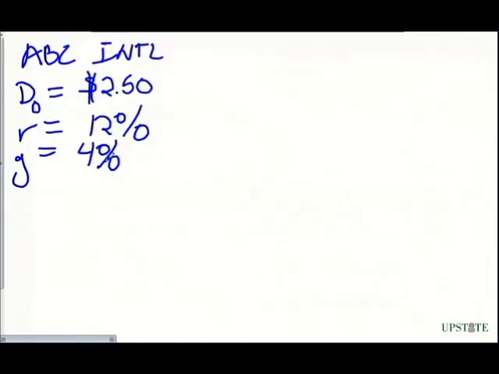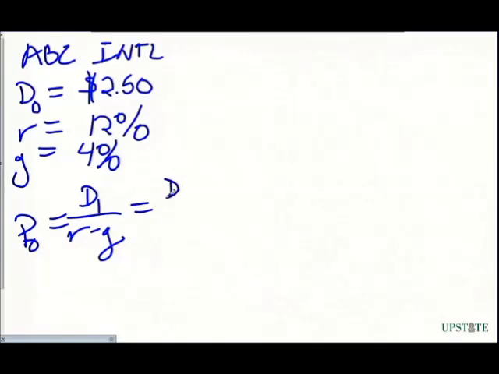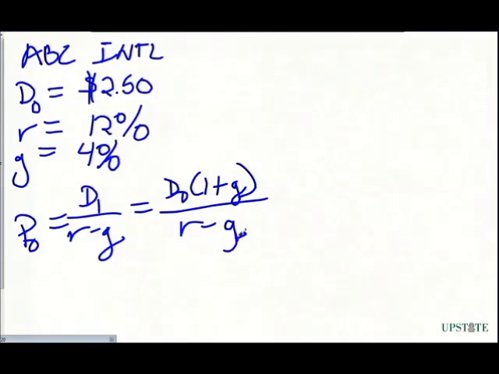So we put this in to figure out our value, our price today. We have to put in D1 divided by r minus g. Do we have enough information in this question? Yes, we do, but we can't just plug everything in right away. We have to find out what D1 is. We find D1 by taking D0 times 1 plus g, divided by r minus g.